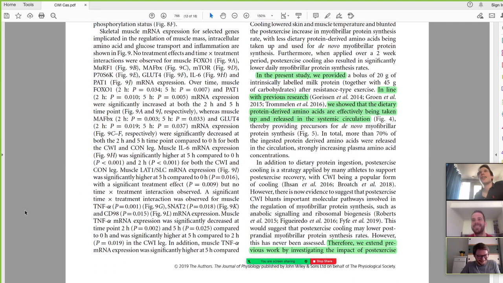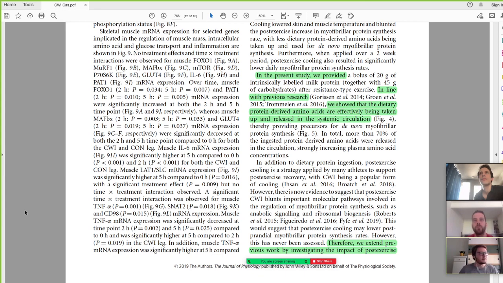Okay, so second paragraph. So what is a very nice aspect of this study is that Cas used intrinsically labeled protein, which allows us to really see digestion and absorption, and also how those amino acids from the protein end up in the muscle.